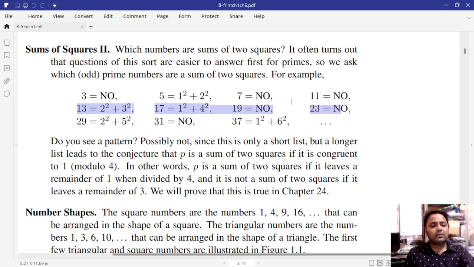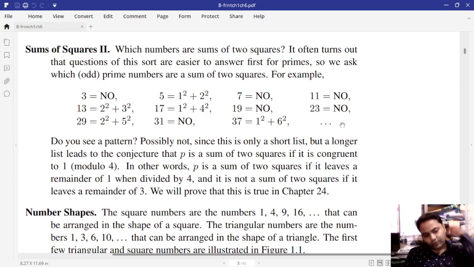For 19 there is no, and for 23 there is no. 29 is equal to 2 squared plus 5 squared, so 29 can be written as a sum of squares of two numbers, 2 and 5. For 31 it's no. 37 is equal to 1 squared plus 6 squared, and so on.